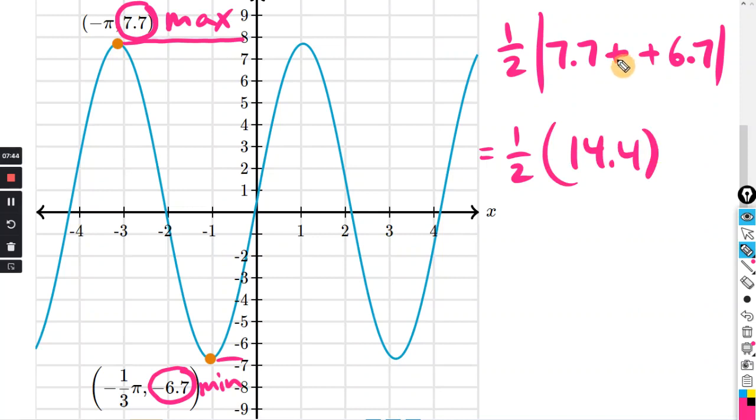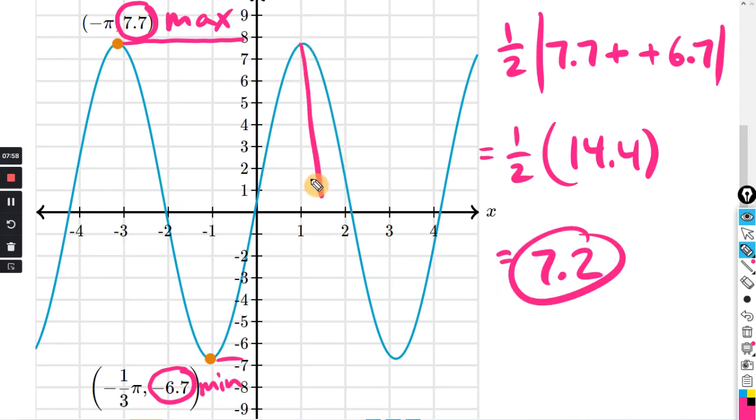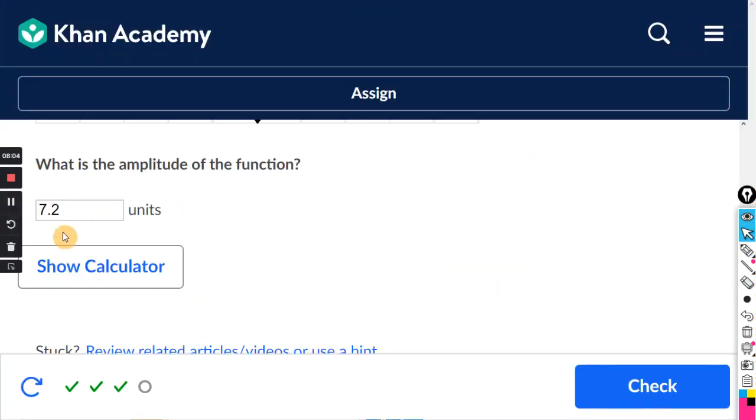So notice the two negatives made it positive, and half of 14 is 7. Half of 0.4 is 0.2, and that's it. 7.2 is that distance, basically. I drew it a little crooked. Halfway there is the amplitude. All right, 7.2.